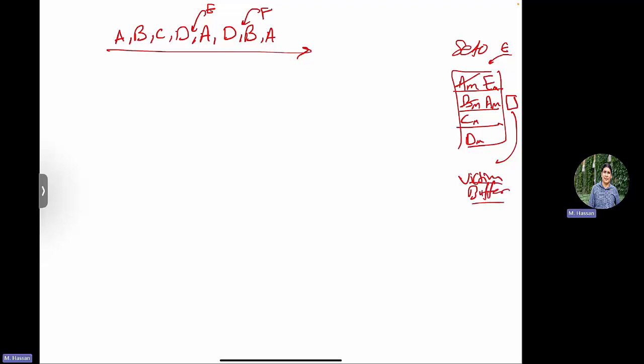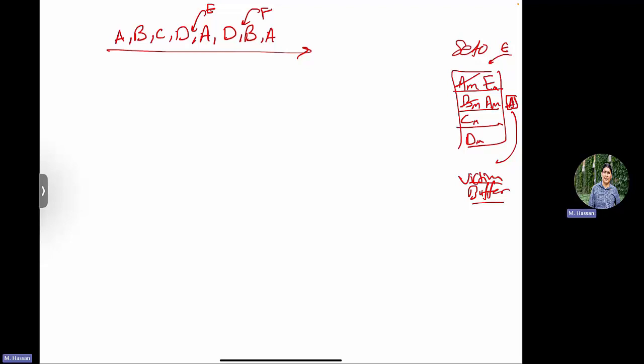The reason it's called the victim buffer, you might have guessed from the name, is that if there is a line that is being evicted, which is now becoming a victim, instead of just throwing it to the lower level memory, you just put it in that victim buffer. Right? So you already freed a space for E, but instead of just throwing A to the lower level memory, you put it in this victim buffer, which is close to the cache itself. What is going to happen?